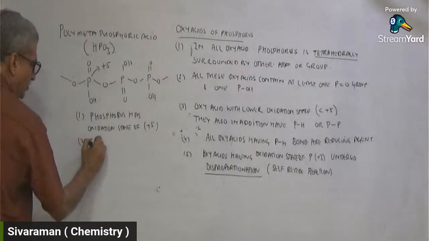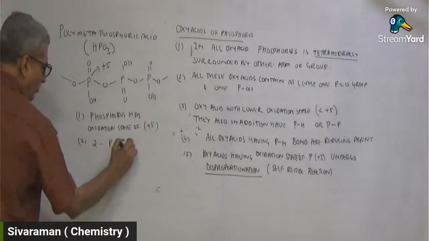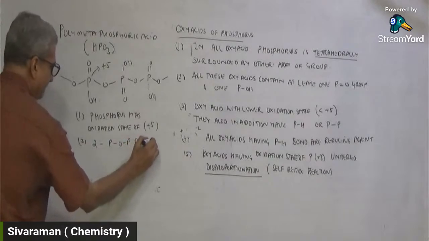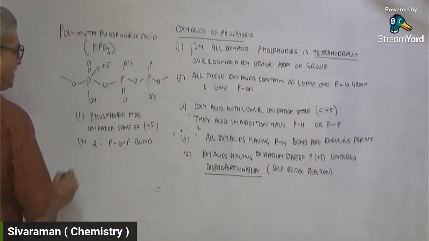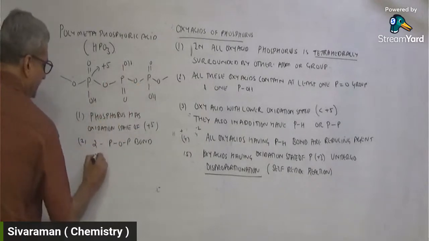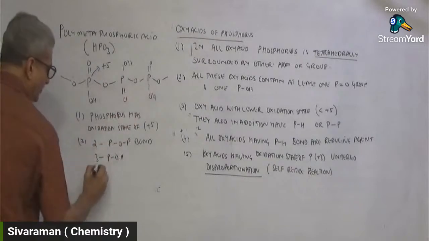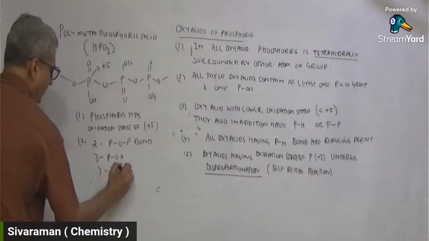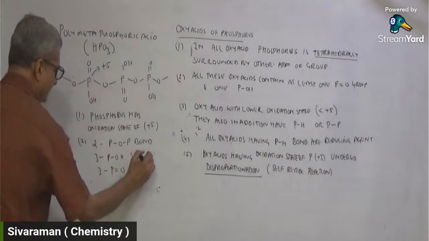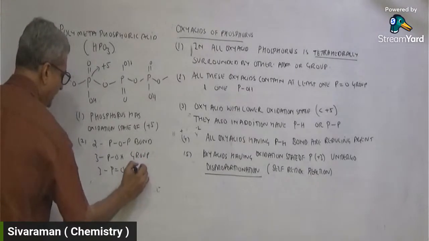Very important, 2 POP bonds. Then how many OH groups? 1, 2, 3. 3 POH groups. And how many PO? 3 P double bond O groups. So this is how they are.